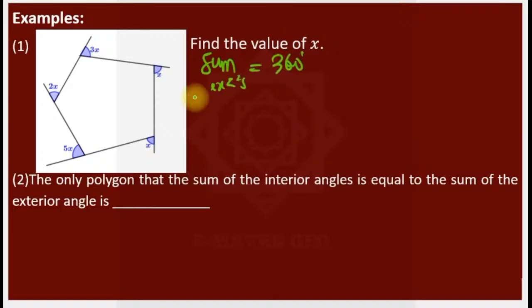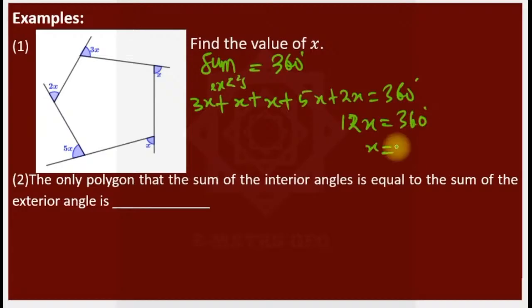So 3x plus x plus x plus 5x plus 2x must give us 360 degrees. 3x plus x is 4x, 5x, 10x, 12x is equal to 360. So 360 divided by 12 is 30. So x is 30 degrees. It's a fast one. Once you know the formula for the sum of the exterior angles, we can solve these questions fast.